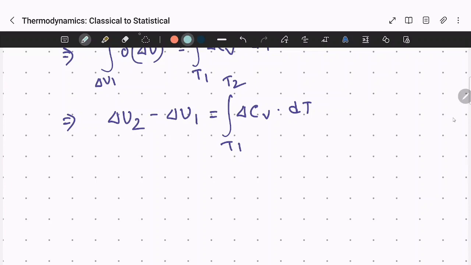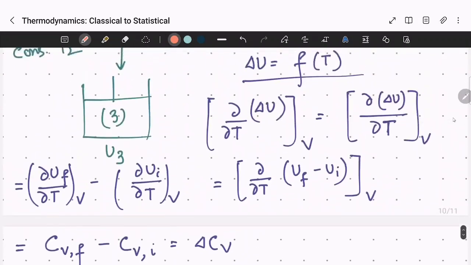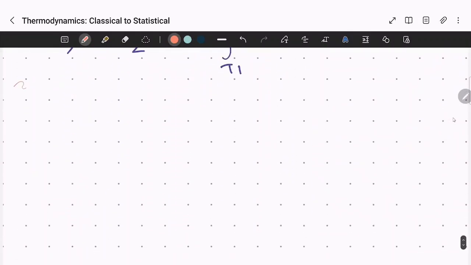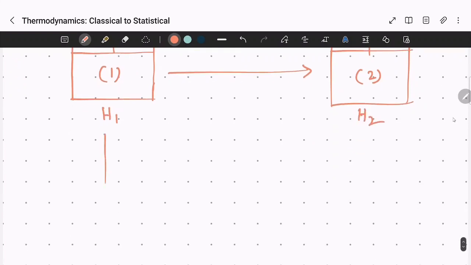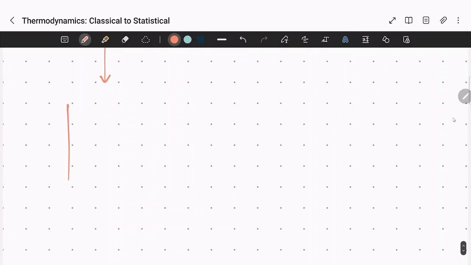Similarly, if you do it for the enthalpy case, what will be the change? We have to consider the constant pressure process. Volume will not be fixed here. This is 1, it's changing to 2. Here the pressure is the same, so volume should not be the same. So this is H1, this is H2, and following the same argument, this is state 3, this is H3.